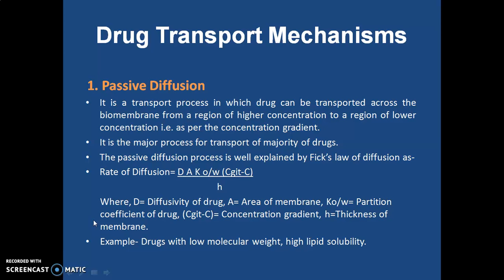The passive diffusion process is well explained by Fick's law of diffusion, which states that rate of diffusion is equal to D A Ko/w (Cgit minus C) divided by h, wherein D stands for diffusivity of drug, A stands for area of membrane, Ko/w is the partition coefficient of drug, Cgit minus C is the concentration gradient of drug across biomembrane, and h is the thickness of membrane.